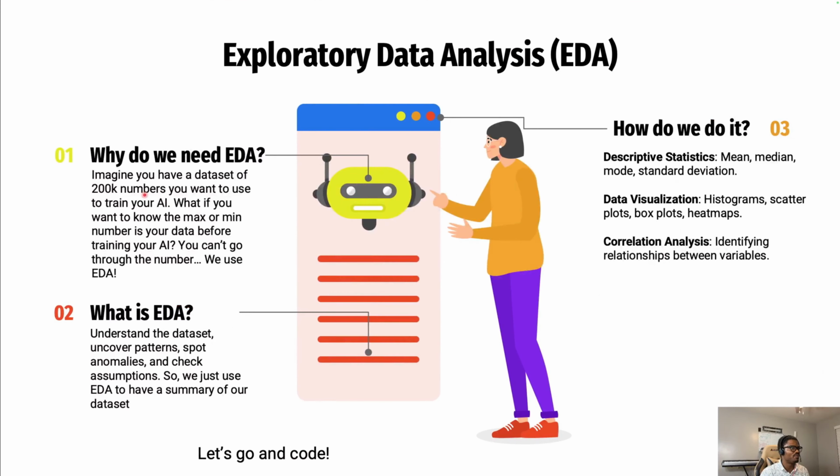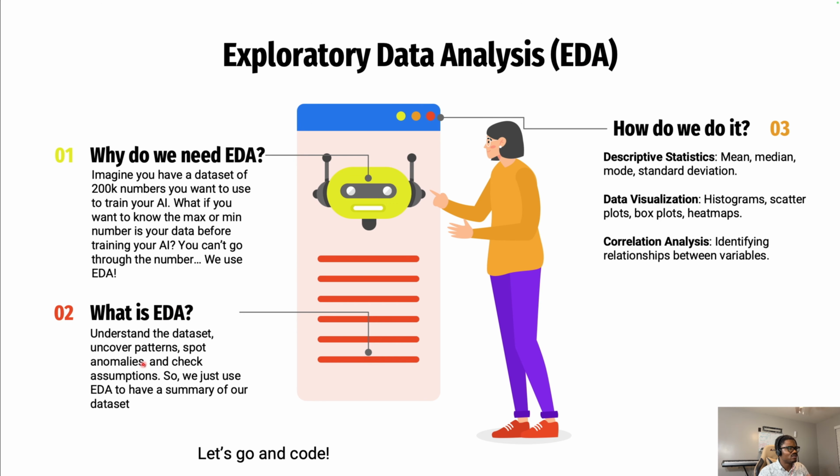This one is even small, and you want to use it to train your AI. What if you want to know the maximum or minimum number in your data before training your AI? You can't go through all the numbers, right? So we use something called EDA to do that.